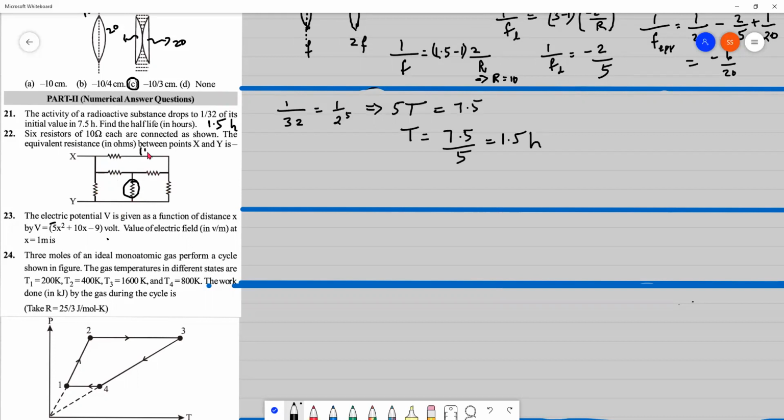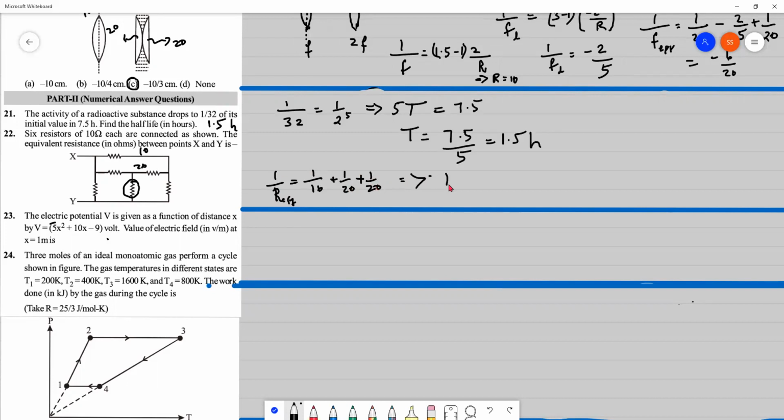So 1 by R effective is 1 by 10 plus 1 by 20 plus 1 by 20, which is 1 by 10 plus 1 by 10, that is 2 by 10.